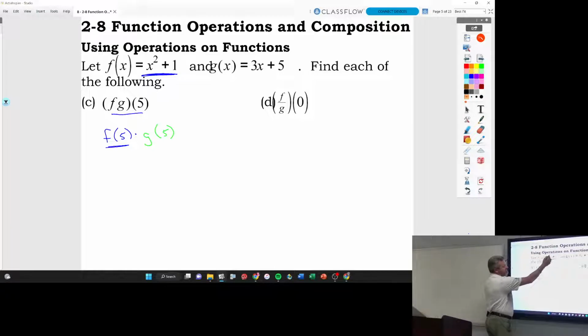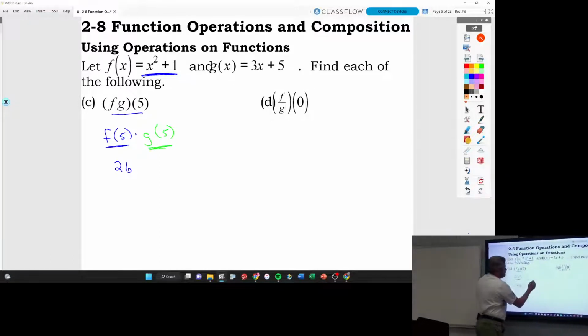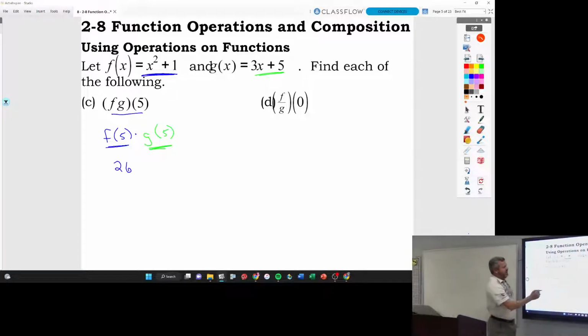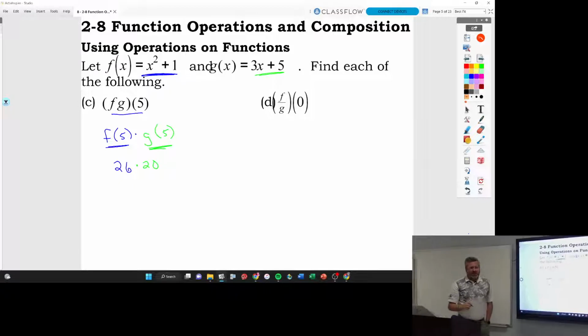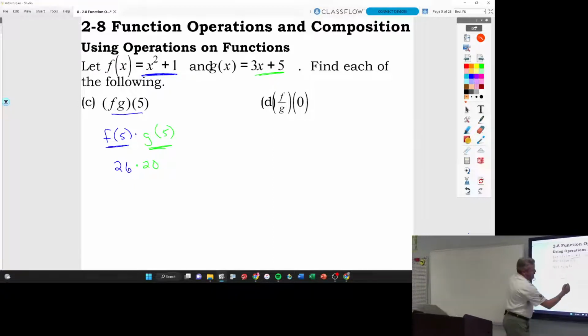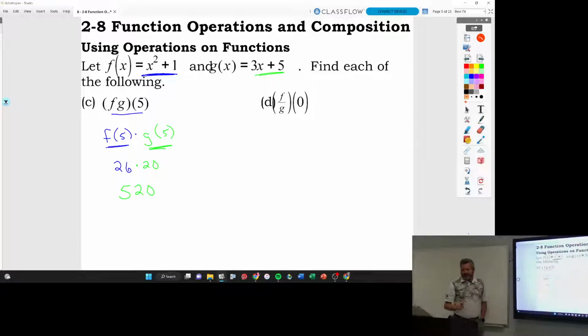So 5 squared is 25. 25 plus 1 is 26. And we're going to multiply that by the g function evaluated at 5. So we plug a 5 into that. 5 times 3 is 15. 15 plus 5 is 20. So we have 26 times 20. And 26 times 20 would be 520.